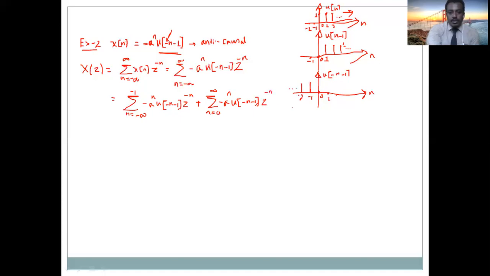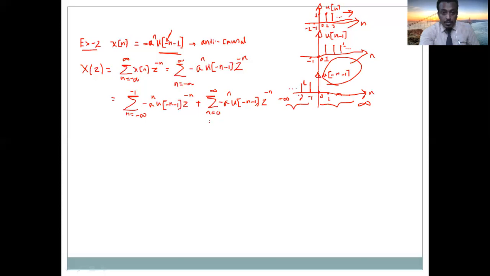As you can see here, in u of minus n minus 1, all samples from minus infinity up to minus 1 are 1, and from 0 up to positive infinity all samples are 0. This is the characteristic of u of minus n minus 1.